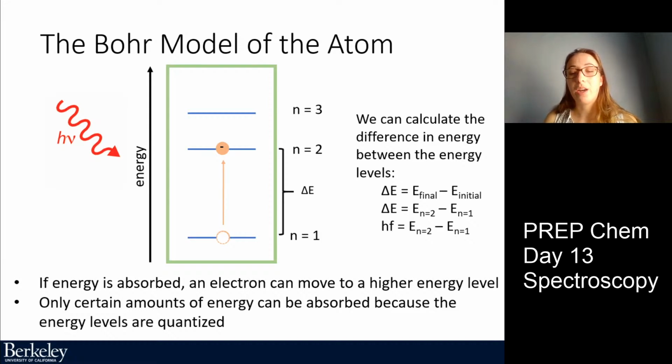And because this incoming photon is exchanging energy with our atom, this change in energy must equal Planck's constant times the frequency of your incoming light. I'll give everyone around 30 seconds to ask any questions about this, because this is a really important concept moving forward.